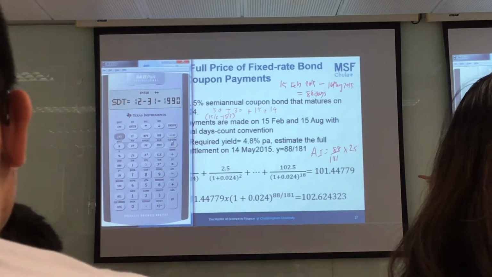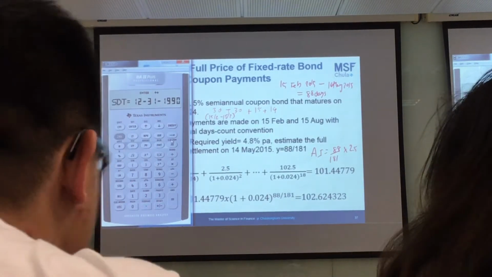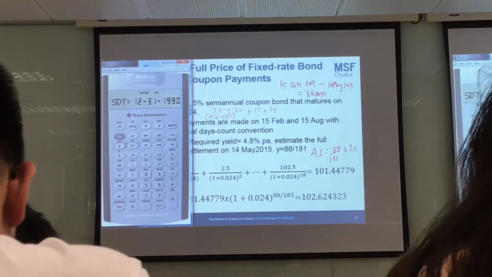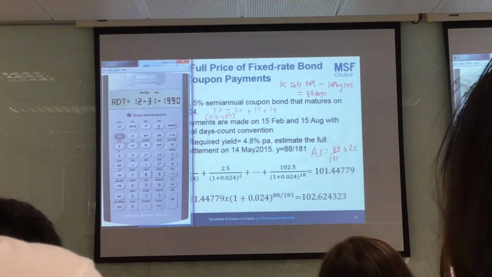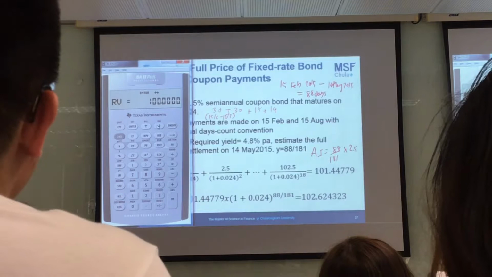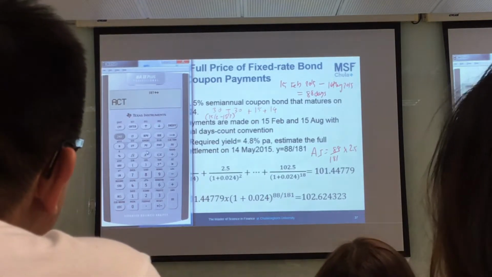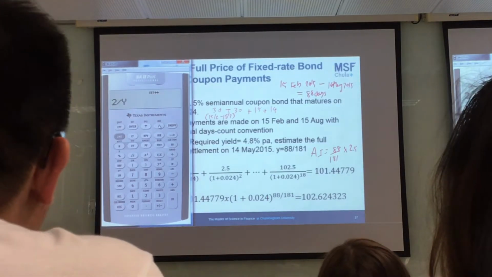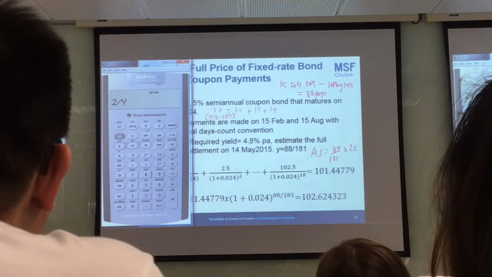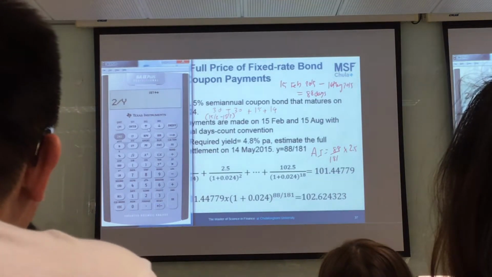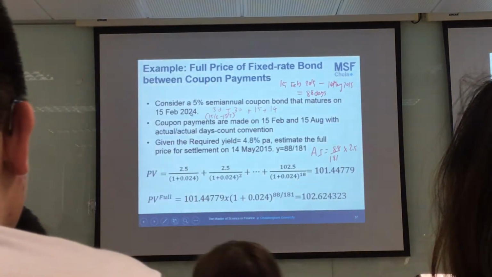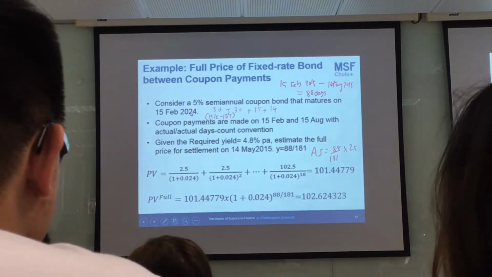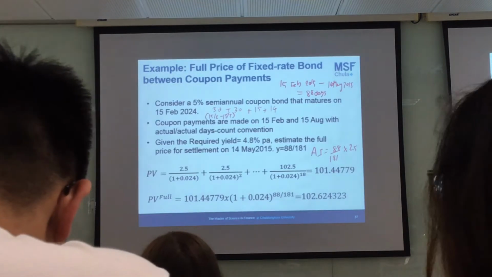This is a settlement date, right? And then you have to put the coupon and the redemption value. This is the way to calculate. Under other assumptions about the day count convention, make sure that you understand how to put the value into each variable.